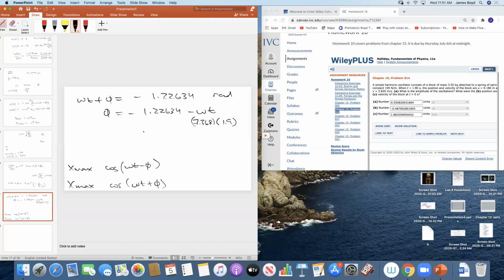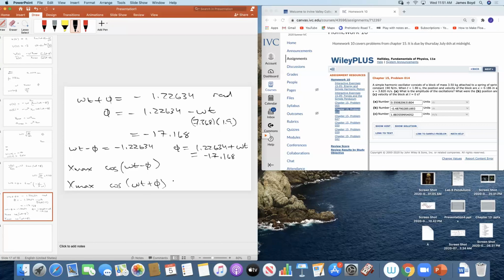They're going to get that phi is negative 17.168. The way I usually write it, if I move the omega t over, I get phi is 1.22634 plus omega t, the minus signs all cancel, and so I get that phi is negative 17.168.